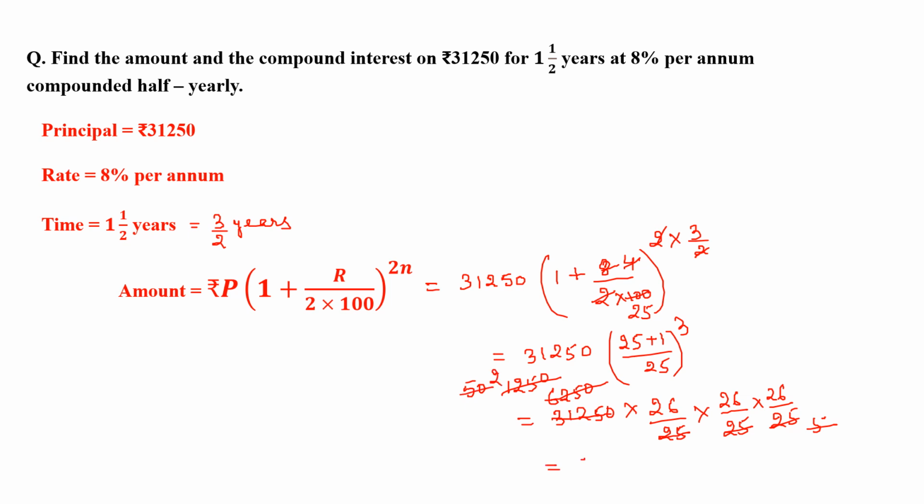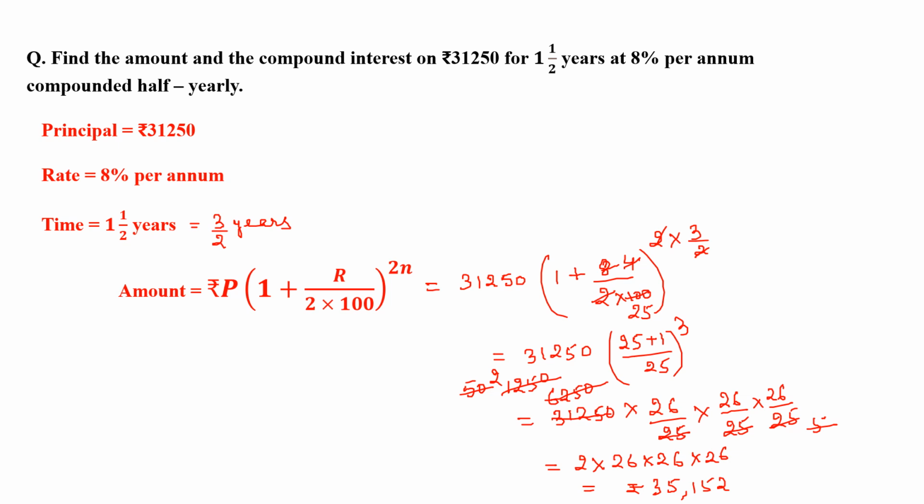So now it will be 2 into 26 into 26 into 26. If you multiply it all, you get 35,152. So this is your amount.